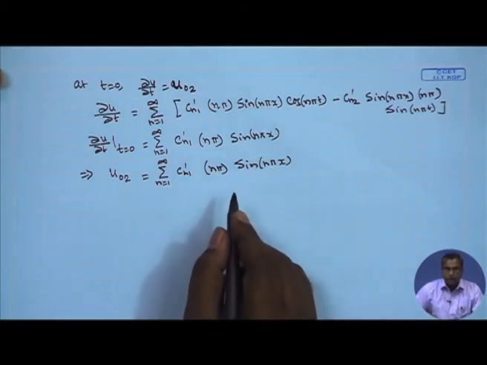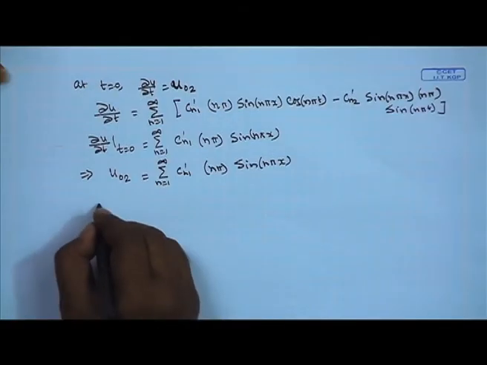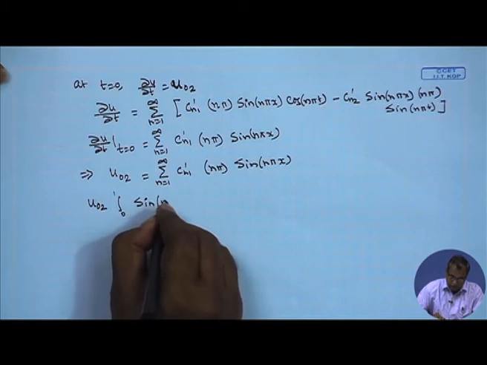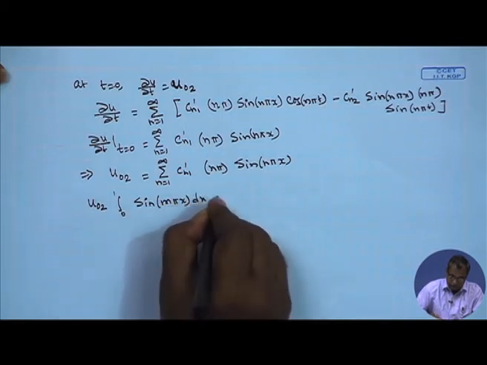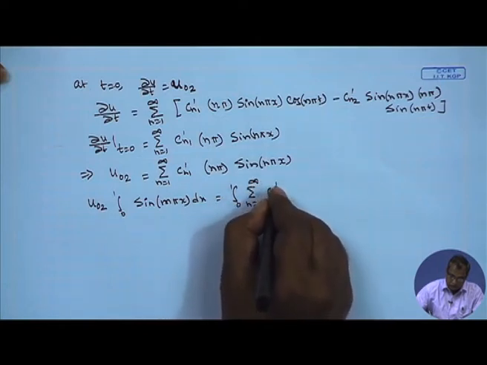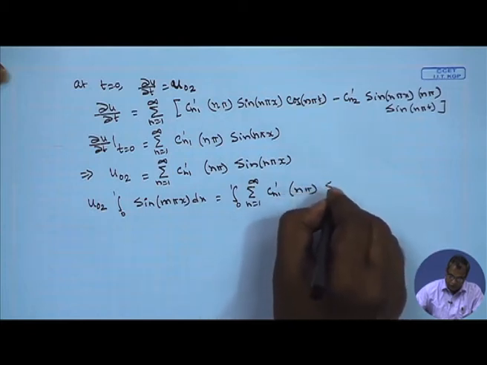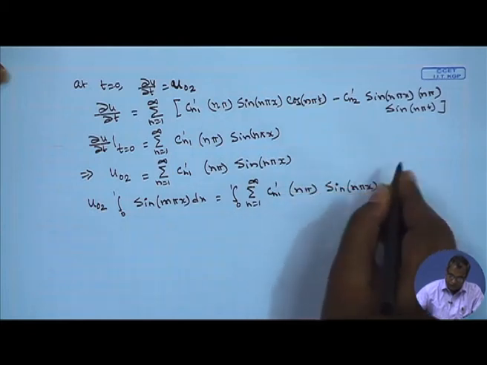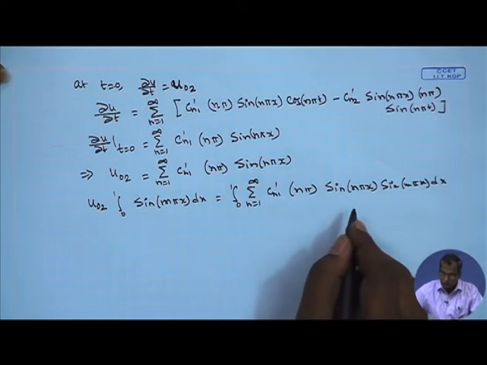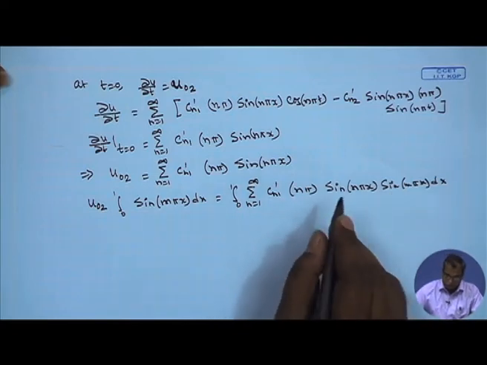So, again I will be exploiting the orthogonal property of the eigenfunctions and evaluating Cn1 prime. I multiply both sides by sin m pi x dx and then integrate over the domain of x from 0 to 1. So, u02 is constant. This will be the integral from 0 to 1 of sin m pi x dx is equal to the integral from 0 to 1 of the summation n is equal to 1 to infinity Cn1 prime n pi sin n pi x sin m pi x dx, and only one term will survive, all the other terms will vanish because of the orthogonal property of the sine function.